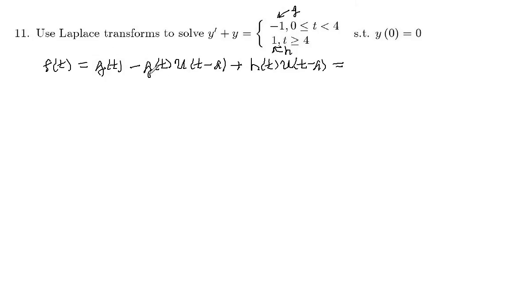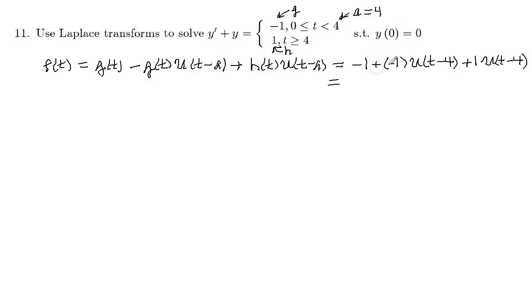So in here for g in both spots we put a negative 1, so this will be negative 1, then minus negative 1 times u of t minus 4, because here a is 4, that's the change point for the piecewise function, and then plus our h here is 1, so 1 times u of t minus 4.